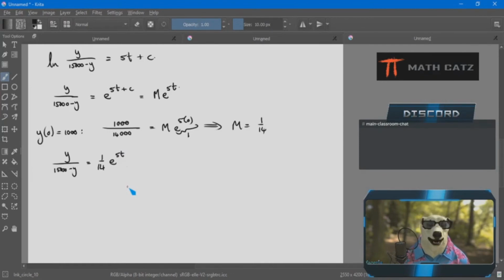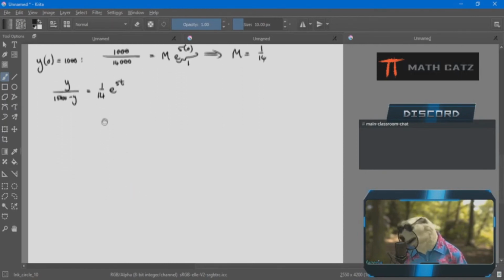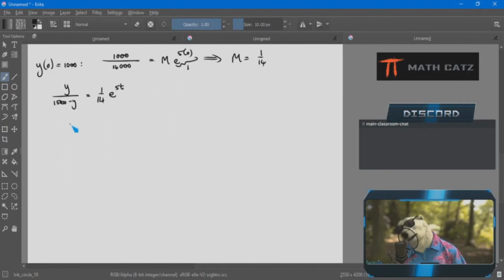Okay, so now we have to solve for y. Now, as you do more of these, it does start to fit the same logistic function formula that you could jump to. But for the first couple of examples, I want to go through the motions and see how I get to that function.